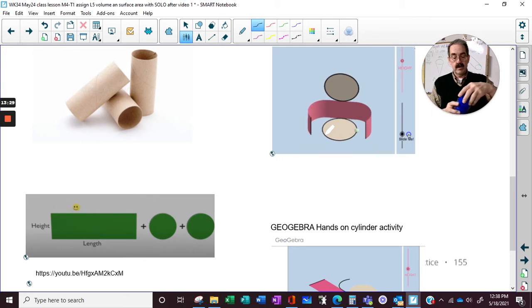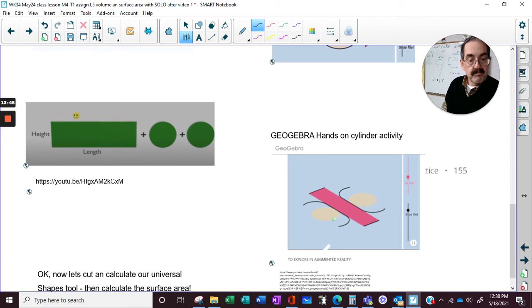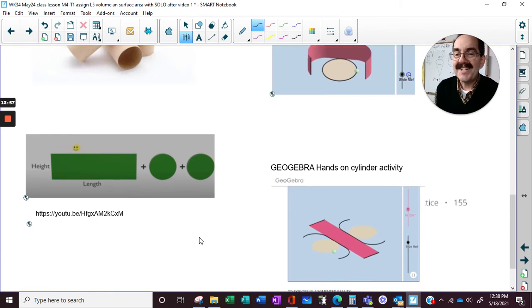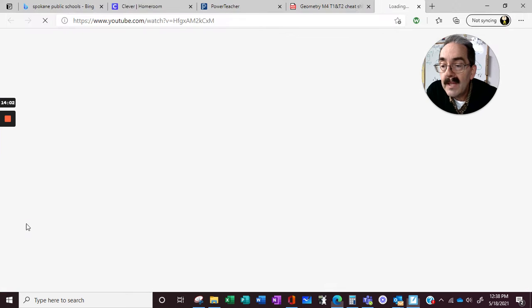So, we've got our cylinder here. We pull out the guts, and it turns out our net looks like this. Okay, and then, depending on time in class, Mr. Miller will actually show this one, but he'll demonstrate it with the slider tool. Okay, alright, then we're just going to actually calculate this. Alright, so let's get started. So the first thing we do is click right here. Little YouTube video.